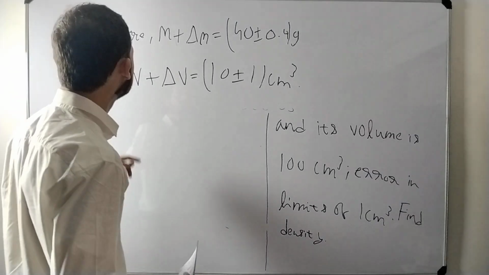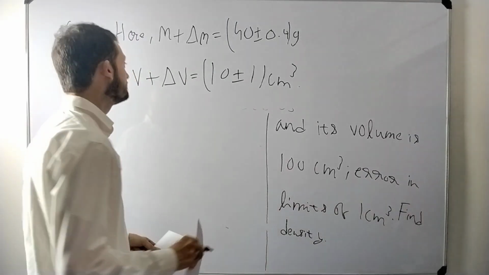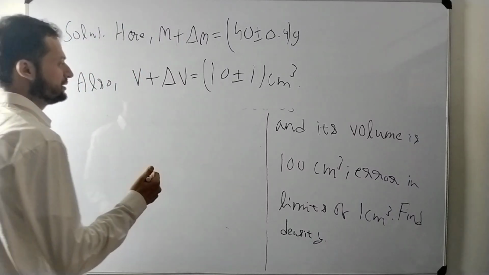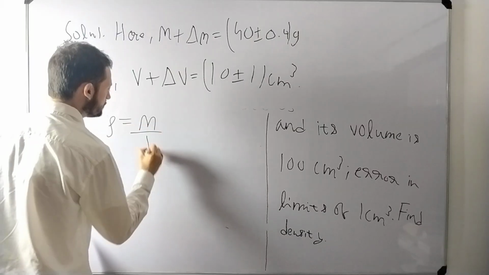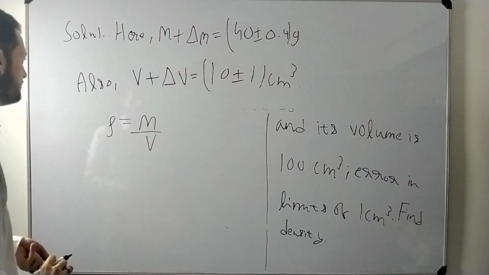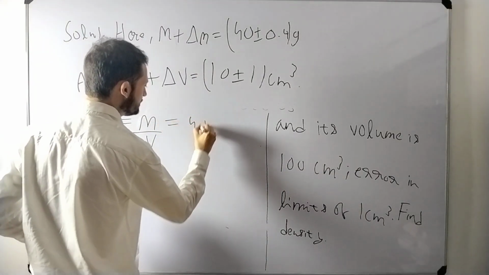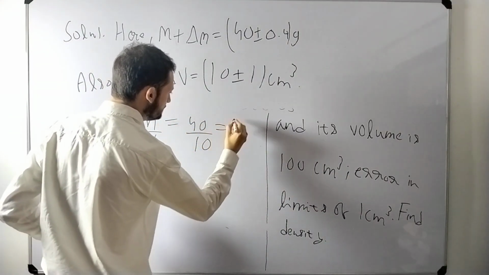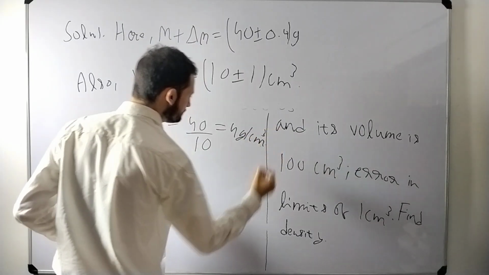Now tell me the density. What is the density of this? So density formula is very easy. Rho is equal to mass upon volume. Okay, students. So let me put it here. What is the mass? 40 upon 10. This makes 4 gram per centimeter cube.